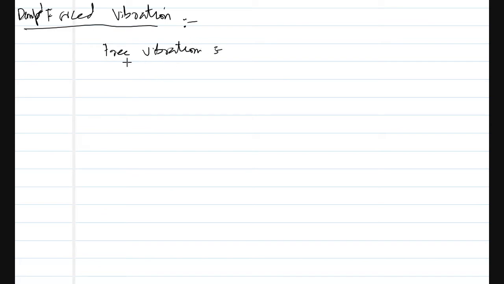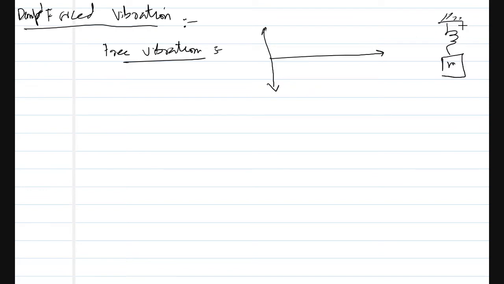And in the free vibration, you know that if you plot the response of the system, let's say you have a mass spring system and you have a damper also present. This is your mass with the stiffness K and the C. What happens is that your amplitude decays over time.